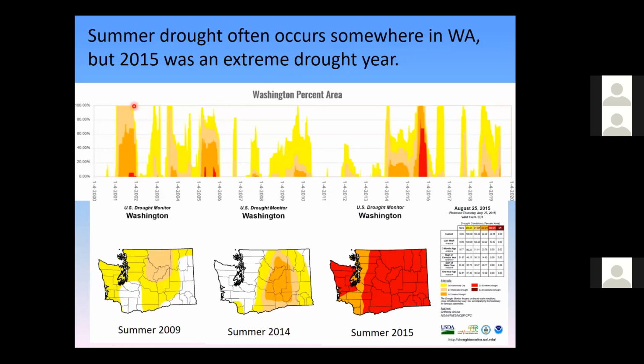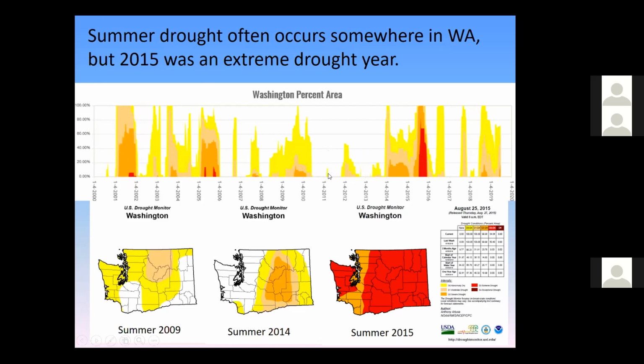The yellow color is less severe than the red. So in this 2001 season, 100% of the state was experiencing some kind of drought, but very little in the severe category. And you can see that every year in the summer, we experience some kind of drought, even right here where it was barely anything in 2011.